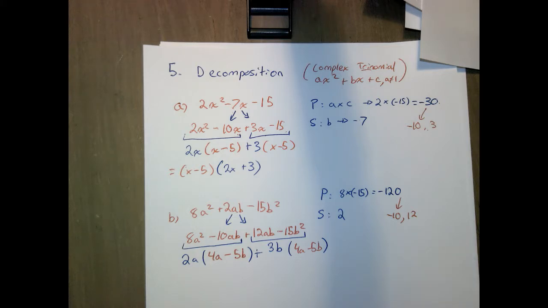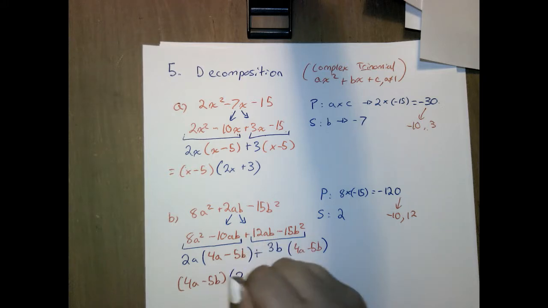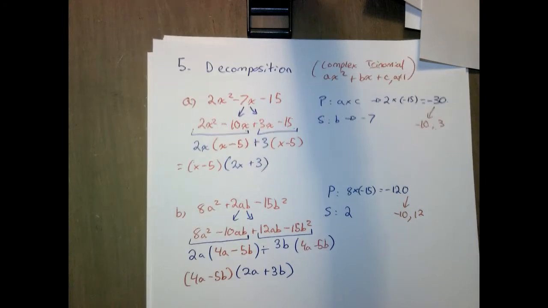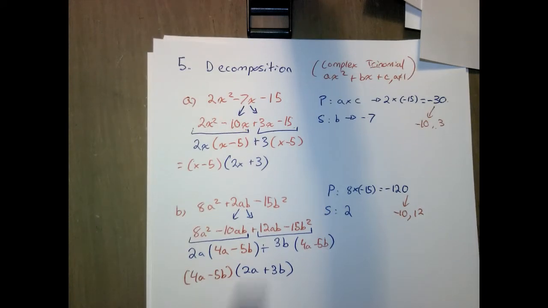And once I have my grouping factored out this way, I know that my final step is to common factor out that binomial. So I have a 4a minus 5b, and I'm left with 2a plus 3b. And that is another example of a complex trinomial that has been completely factored.